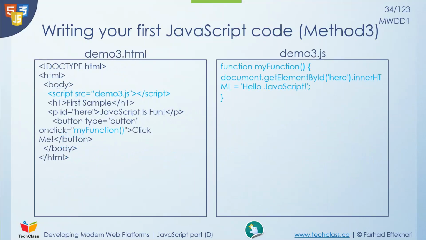And the final method will be external files. As a JavaScript file, you can easily have it here, a script, and the source is the name of the JavaScript file. It needs to be in the same directory as this page because of this linking part here. And then here you also have that main function, but the browser can find this main function inside of this demo3.js because you already linked that file.